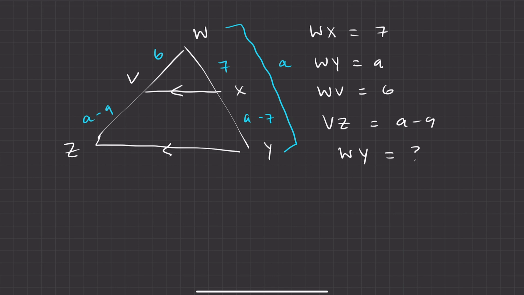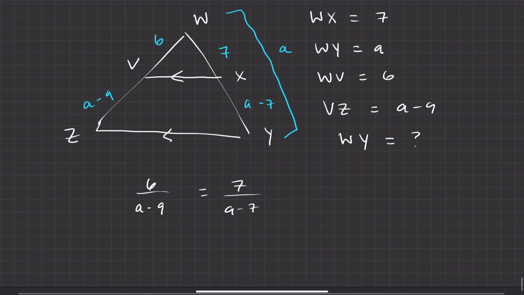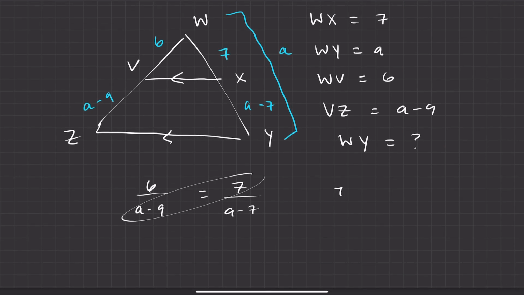So now I'm going to go ahead and create that proportion. So it's this over this equals this over this. So 6 over A minus 9 equals 7 over A minus 7. Then I'm going to cross multiply. So 7 times A minus 9 is equal to 6 times A minus 7.